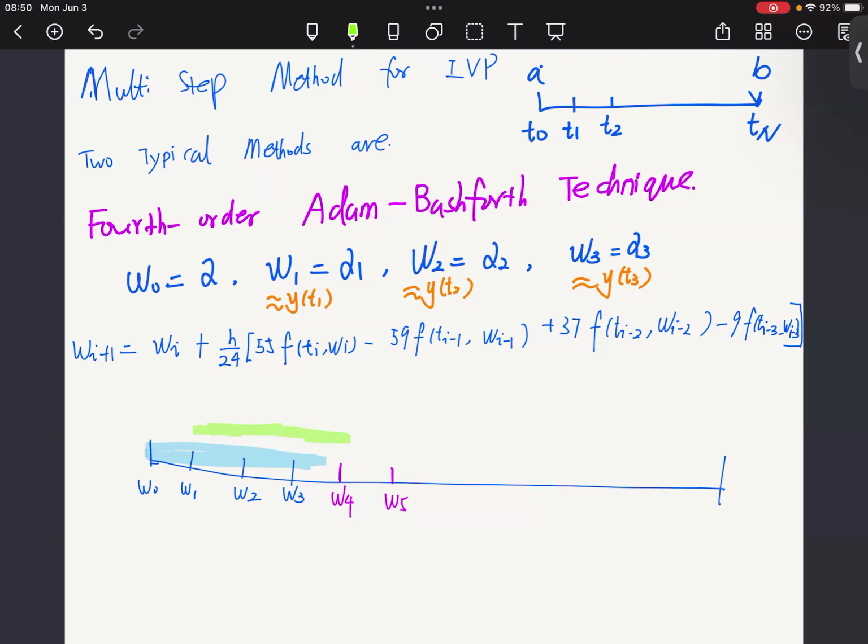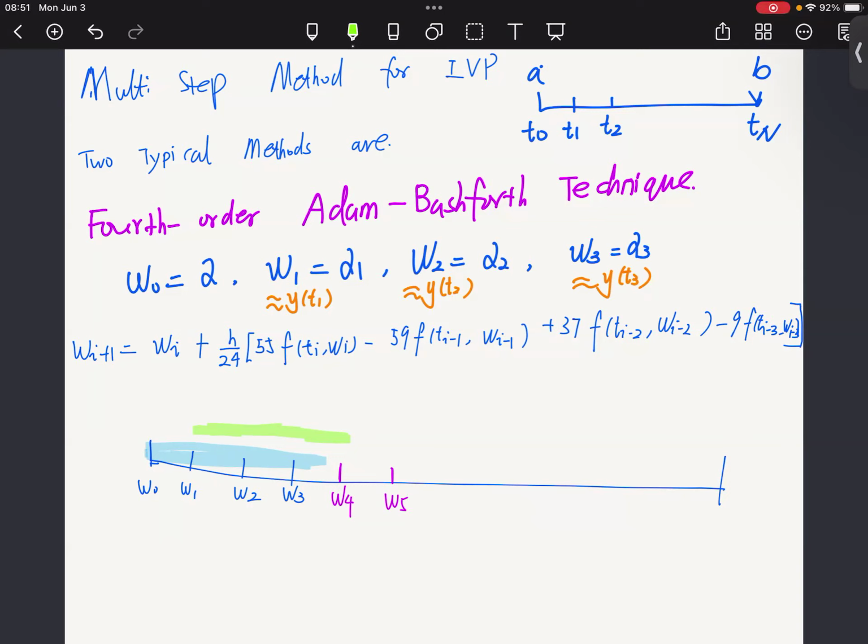Which means that at the early stage, the error is smaller. So if we use data from the early stage, we probably get a more precise approximation, because the data from the early stage is more accurate. And then as time propagates, the error becomes larger and larger.